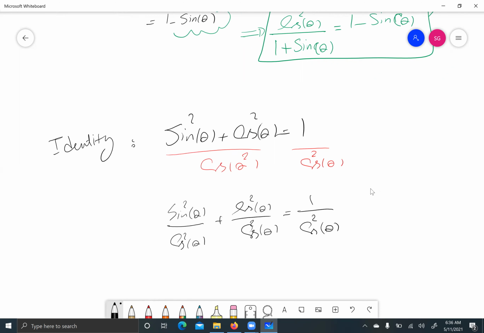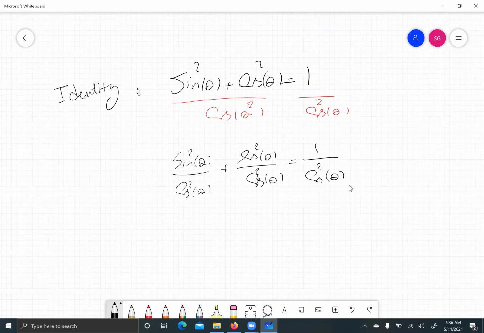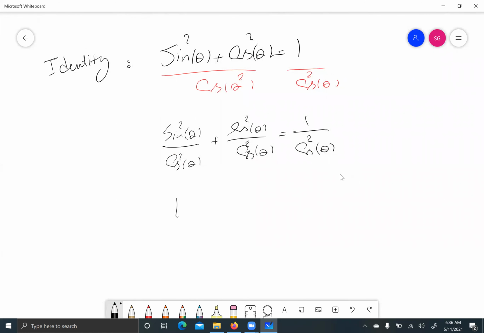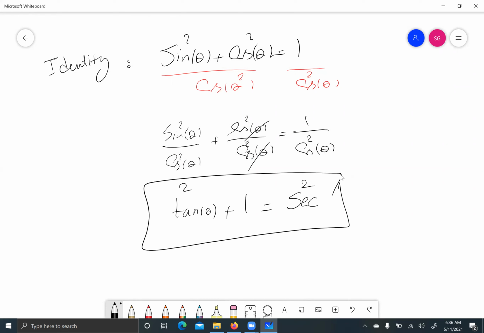Now let's substitute. Sine divided by cosine gives me tangent, so this is tangent square. Here, this gives me 1. 1 over cosine is secant, so it's going to be secant squared. That's it. We derived the new identity that involves tangent and secant.